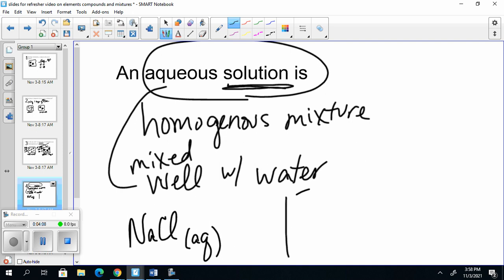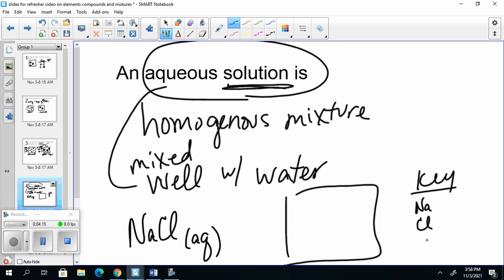So if I wanted to show it in a particle diagram, I could make my little key. I could have NaCl, H's, and O's. So I already used this and this for my H's and O's. So let's use these for my Na and Cl. So I could have some water.